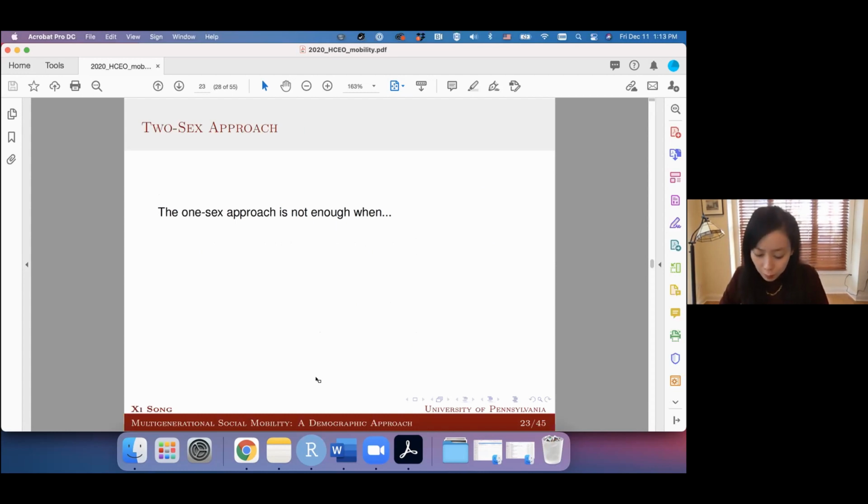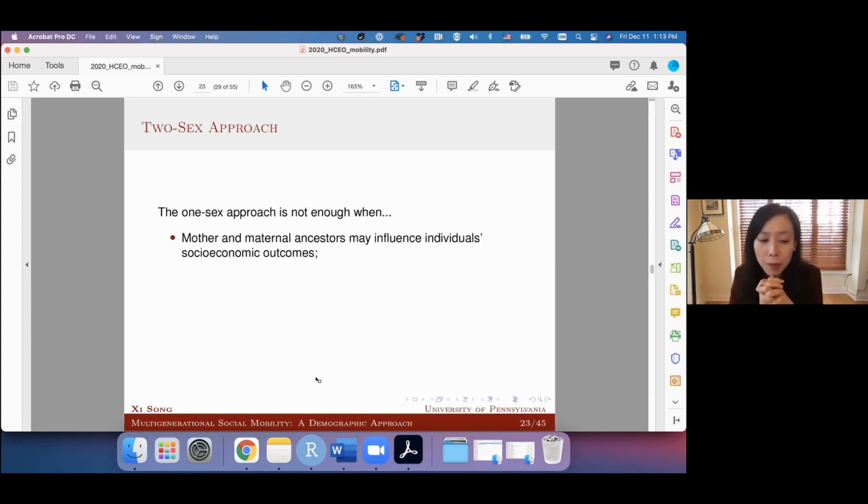And the 3rd component is that, as I mentioned earlier, this one-sex approach may not be enough. At least I can think of 3 reasons. First of all, especially in modern societies, our mothers and maternal ancestors may influence individuals' socioeconomic status.